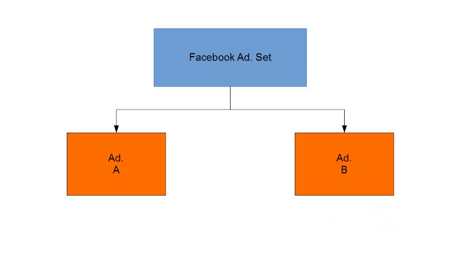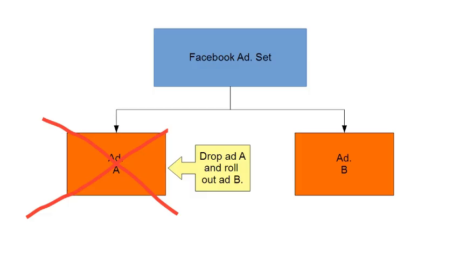Now, let's say, for the sake of argument, that when you go through all the stats, you find that Ad B outperforms Ad A. What you simply do is drop Ad A and roll out Ad B to everybody that you want to target with the ad.